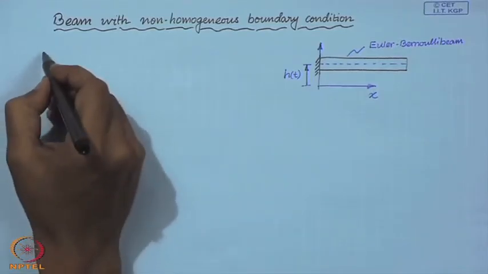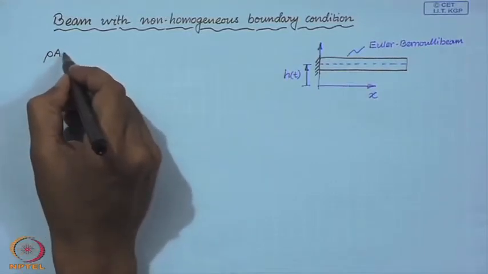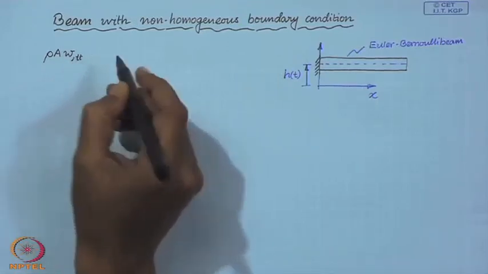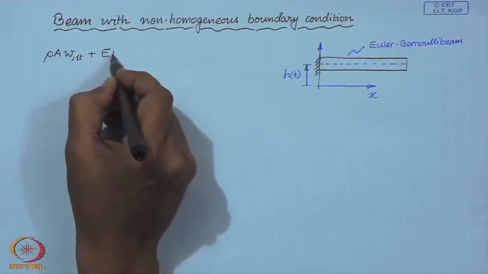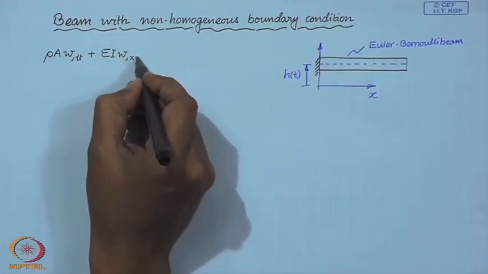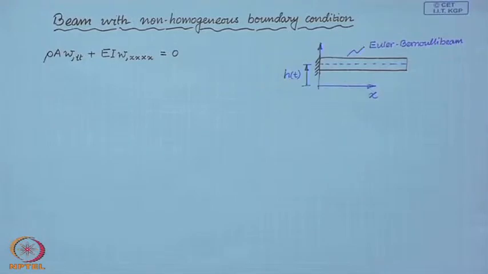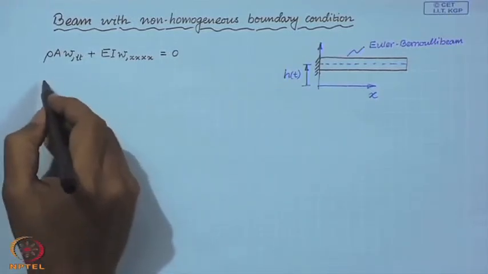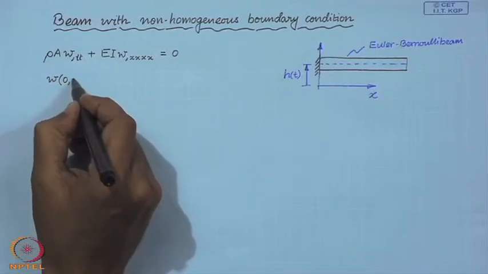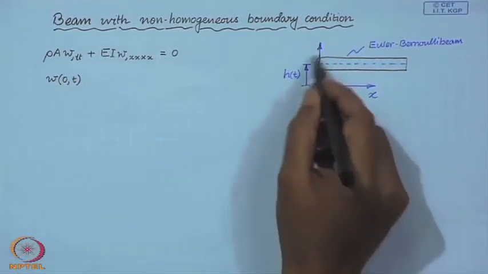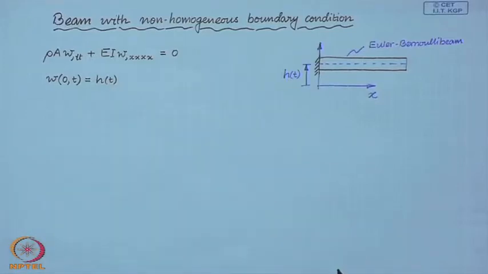So, the equation of motion is given by this, and the boundary conditions: the displacement of this boundary, suppose, is given by this function h of t.